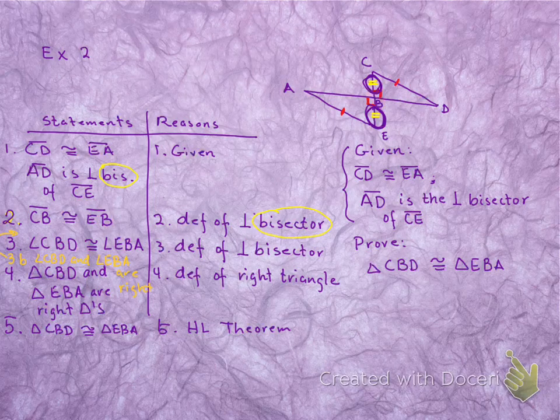That would probably be the better way to make statement 3. That would be the better way, actually, to make statement 3. Would be just to say that angle CBD and angle EBA are right, and the reason would remain the same. That would actually be the better way to do that.